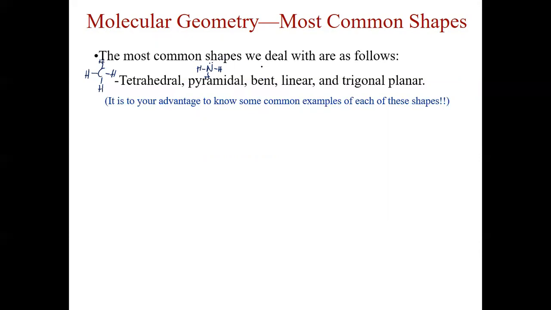Bent, most common bent shape is your H2O. Why I'm drawing it like this, I don't know. Kind of linear. CO2 is a common example of a linear shape.